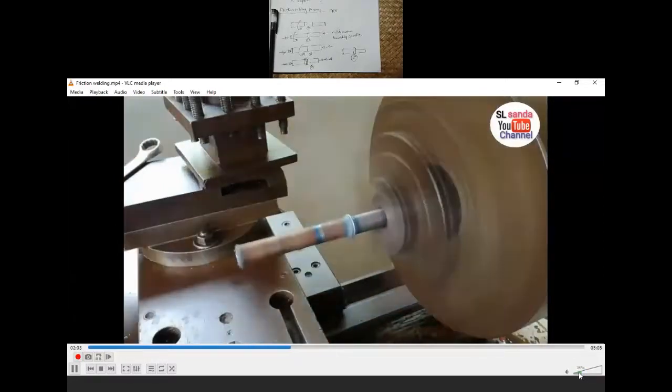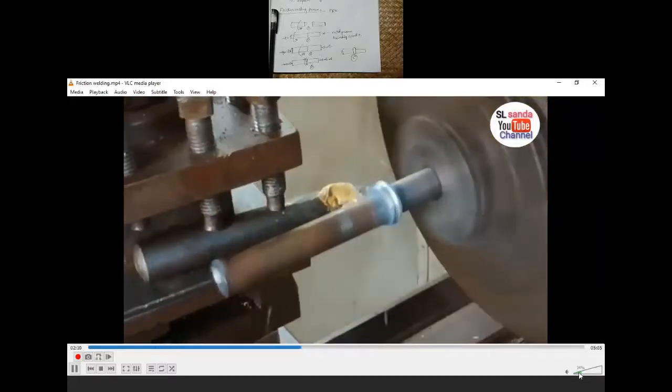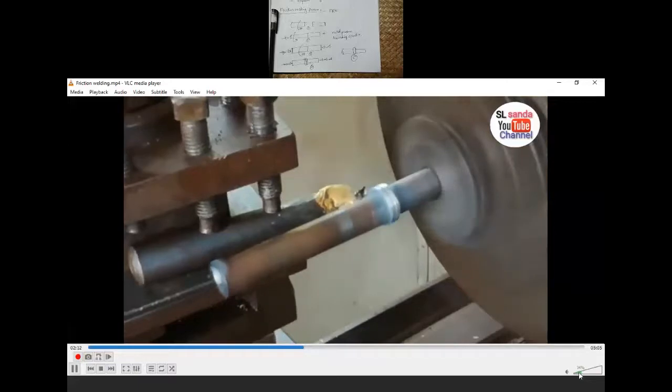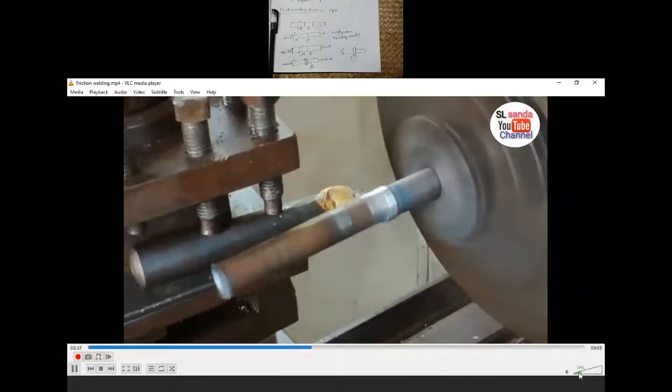Now you see, this is the joint produced. Now extra finishing operations are required. This is a machining operation to finish it up. You see how good the joint is.